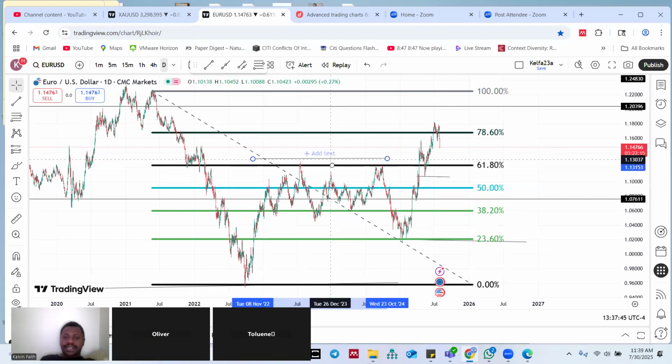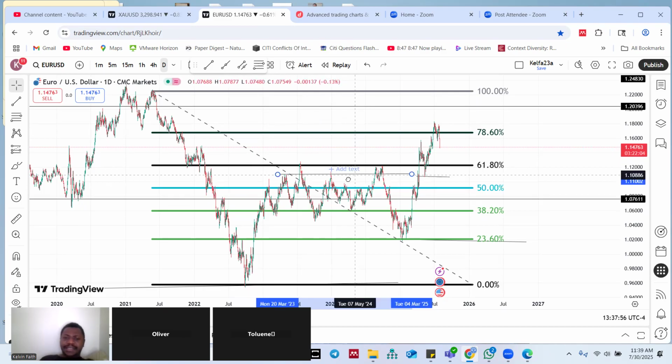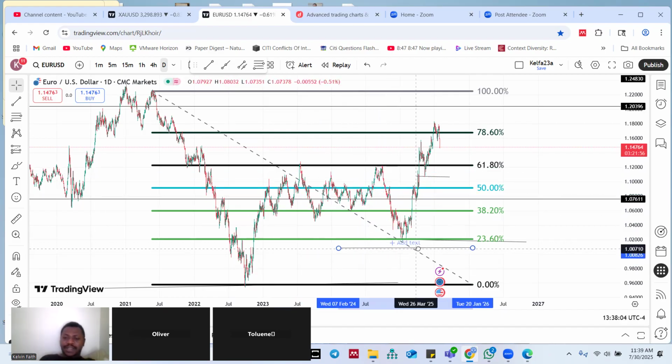This was a range, but still the sellers were in control around this area. So you can see price hit 61.8%, it sold down to 38. You can see price hit 61.8% again, it sold down back to 23%.